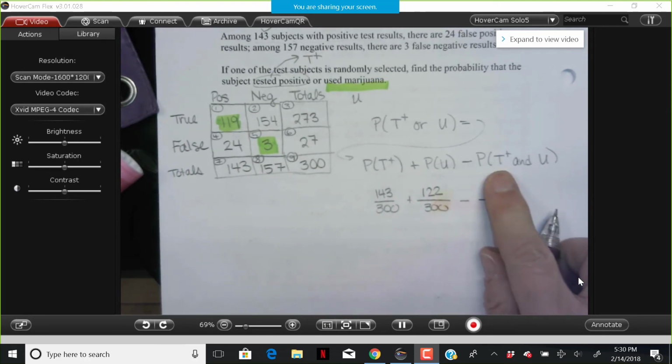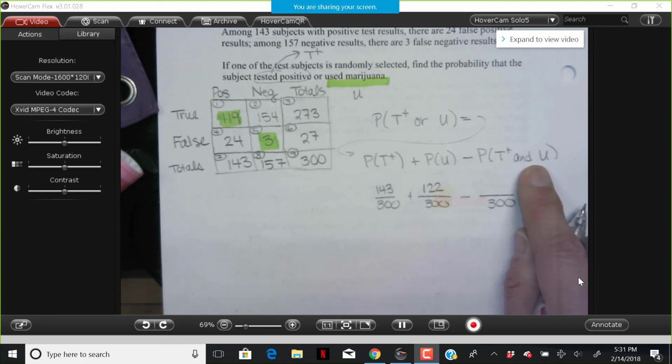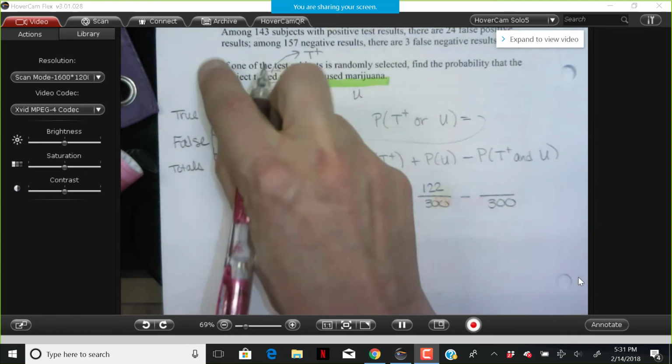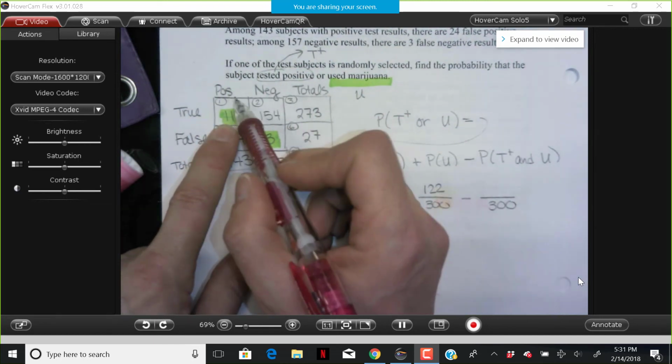Now, probability that they tested positive and they used. Oh no, 143 plus 122. So right, tested positive and they used, which means it's, I highlighted it in green, right?